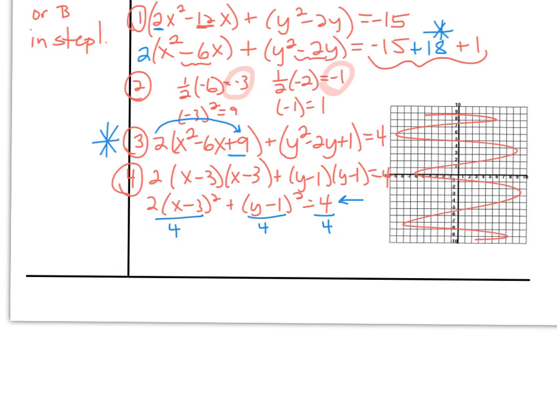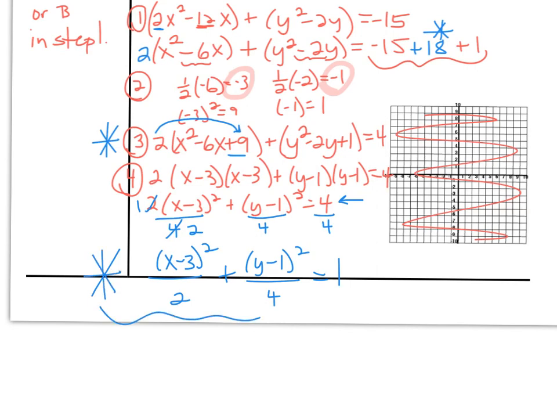And then what happens is this 2 cancels with the 4 to equal 2. And we end up with x minus 3 squared over 2 plus y minus 1 squared all over 4. That doesn't go away. And then on the right side, we get 1. And that's the equation for our ellipse in its standard form.